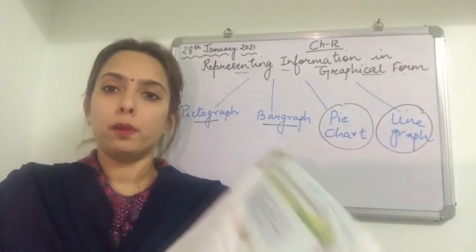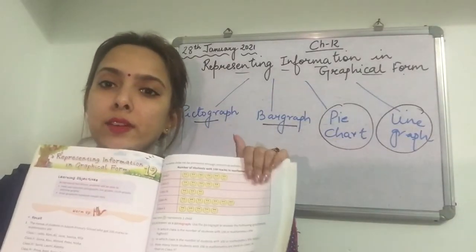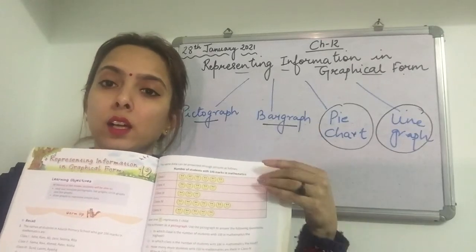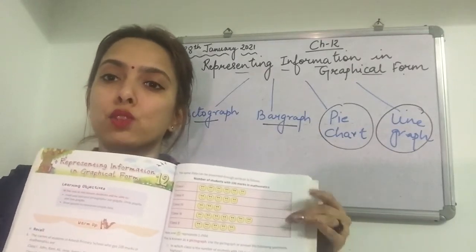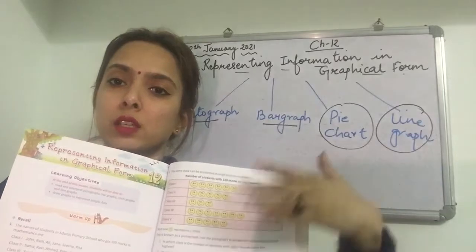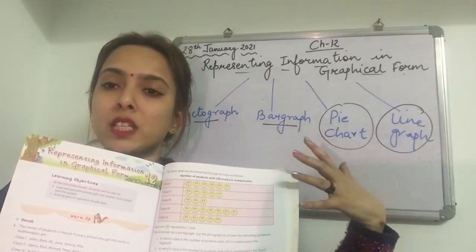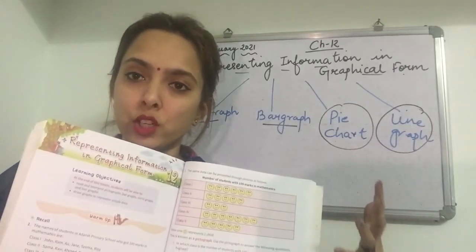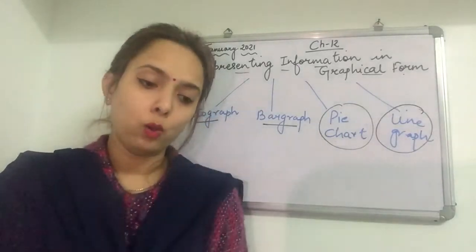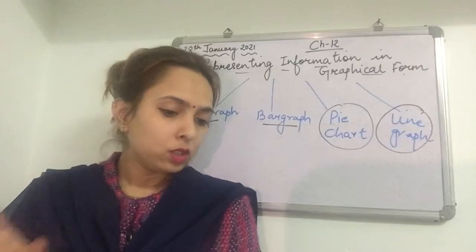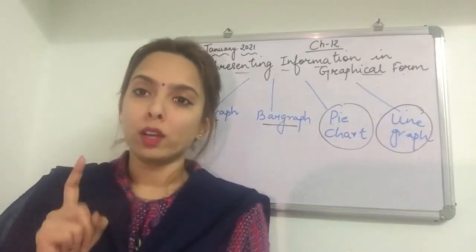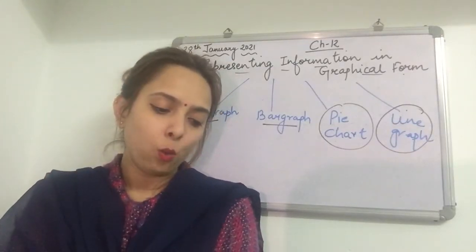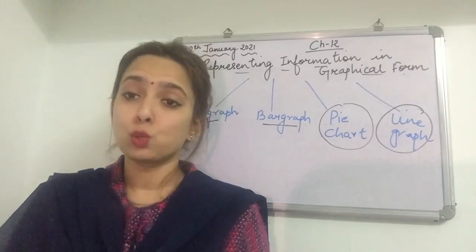So on page number 177, as you can see, a tabular form is given to you, and with the help of this tabular form, all the information given in the question is explained. How? Okay, let's start. So class 1 has how many students? 1, 2, 3, 4, 5, 6 students.